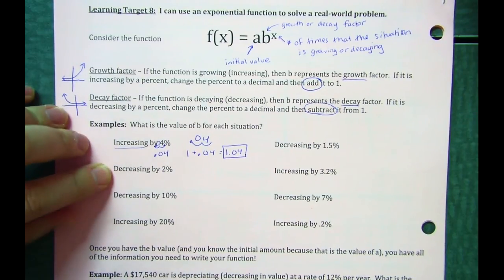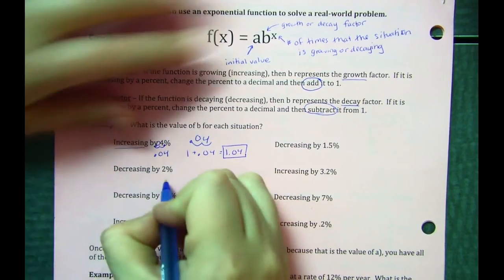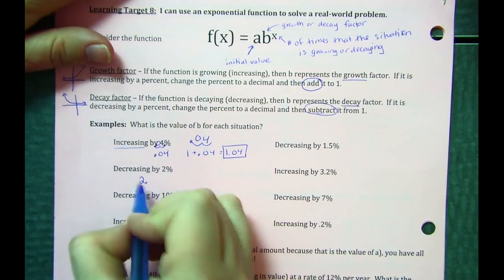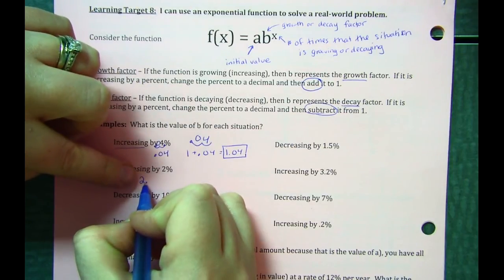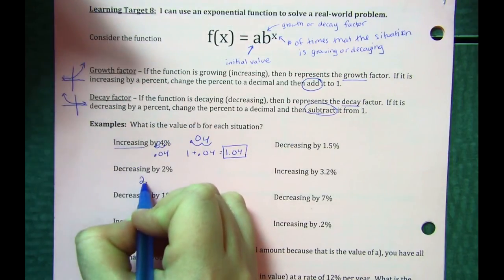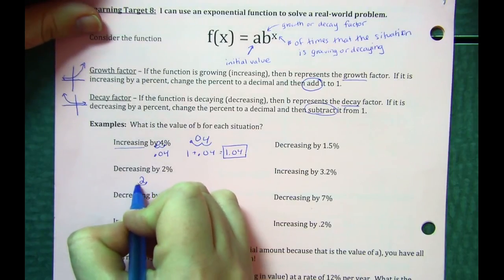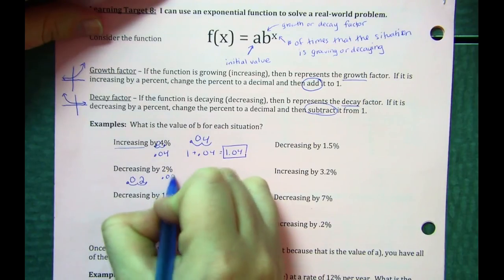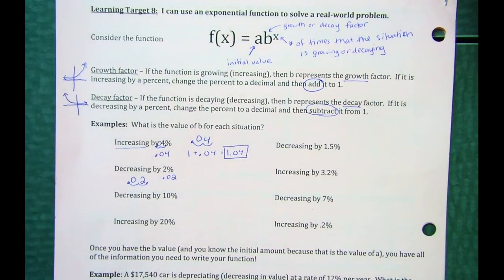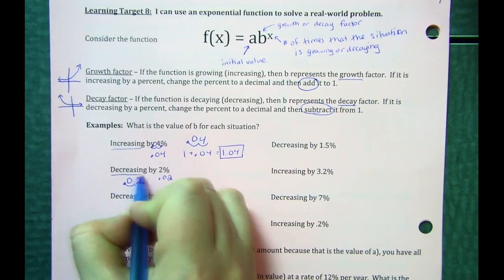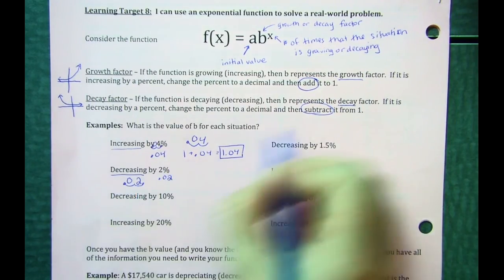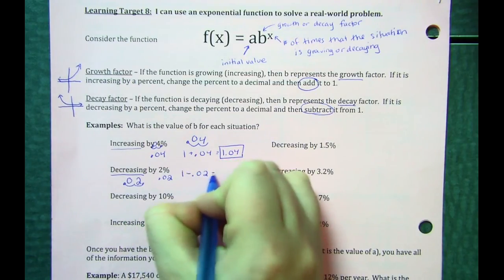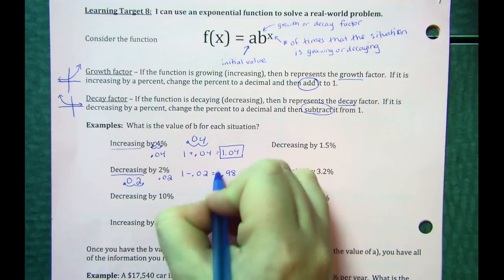If it's decreasing, I still need to change my percent to a decimal. So with 2%, that's where my decimal is in the whole number 2. I'm going to move the decimal 2 spots to the left, so the percentage decrease is 0.02. And if it's decreasing, then to get my b value, I have to subtract it from 1. So 1 minus 0.02 equals 0.98.